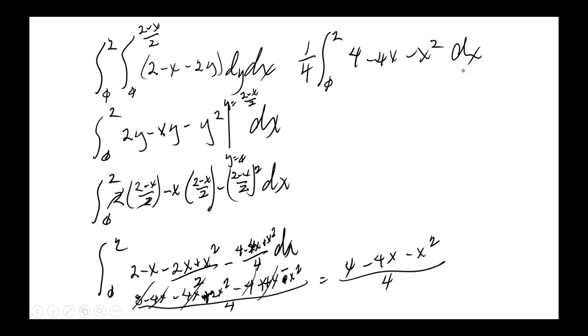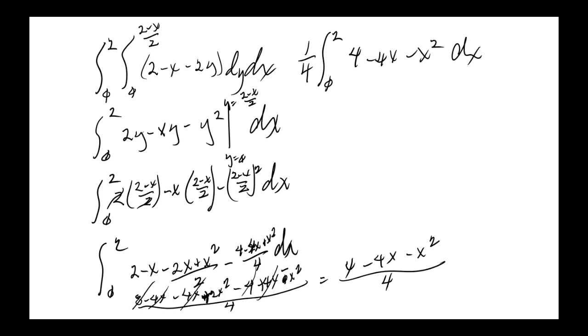Now let me see. I want to make sure I haven't made a mistake. I don't think they're doing this in the book anyway, are they? Let's see if they do. Shame on them, they didn't. That's a different problem. And frankly, I don't even know if they give you an answer for this one.